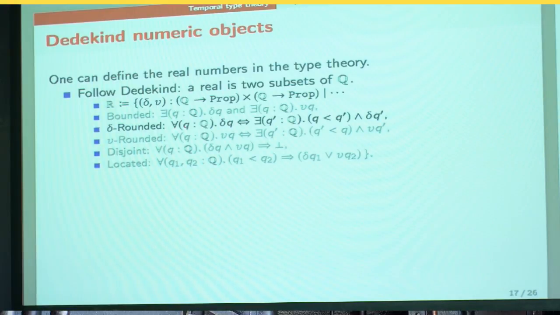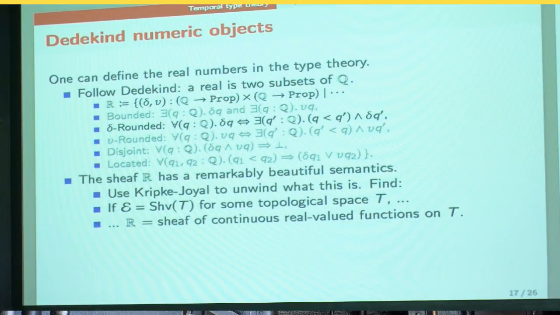So this says one thing about real numbers: if q is a lower bound for a real number, like 3 is a lower bound for pi, that's the case if and only if there's some bigger real number that's also a lower bound. 3.1. If 3.1 is, then 3 is, and if 3 is, then there's something bigger.